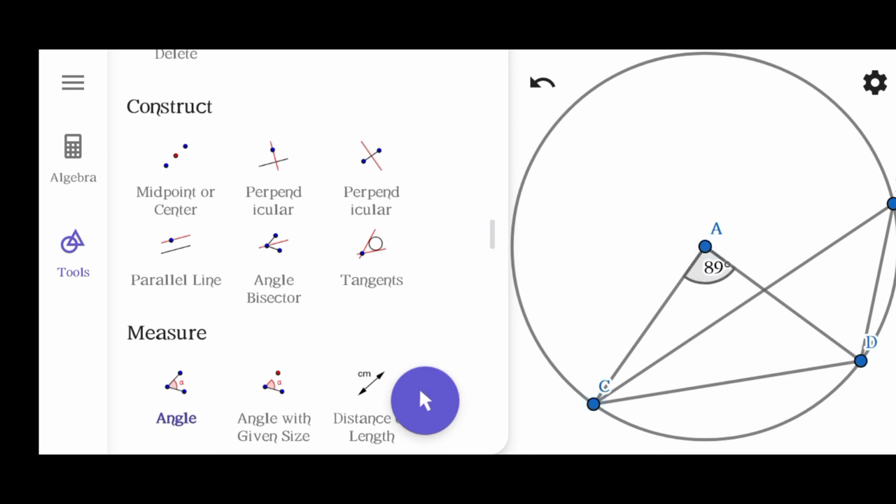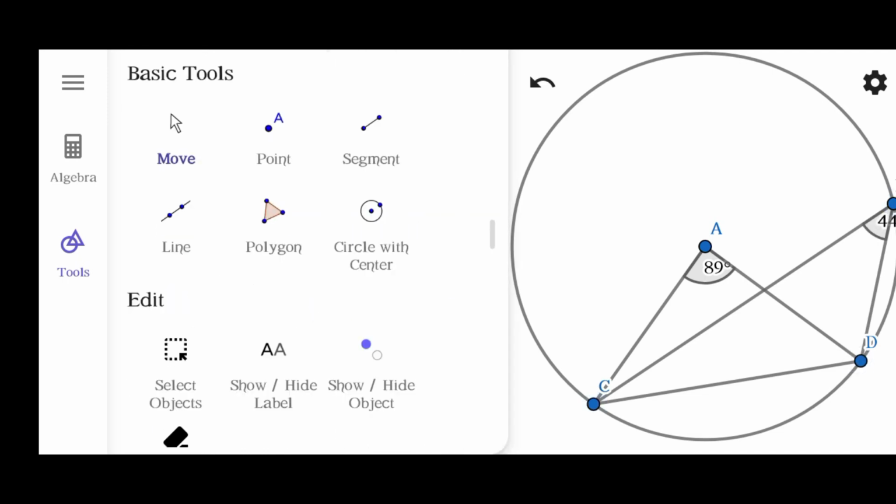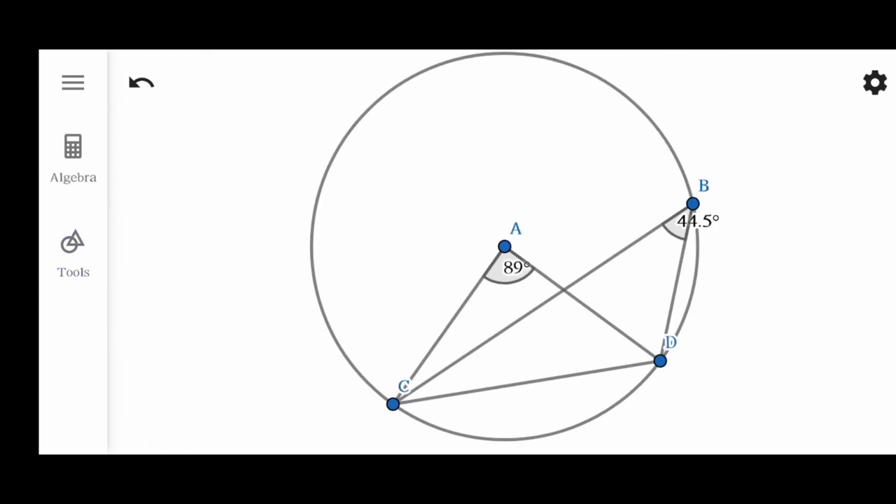At the center we have 89 degrees, and then let's check the one at the circumference. So again, that is 44.5, which is half of 89.